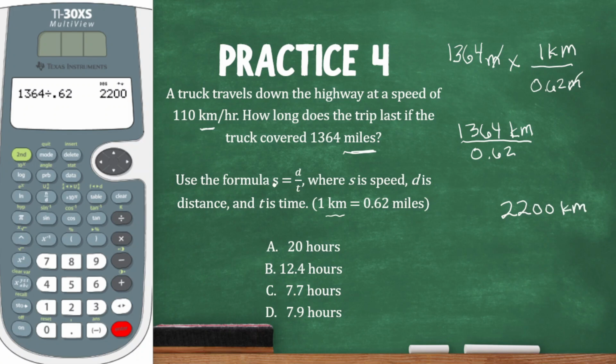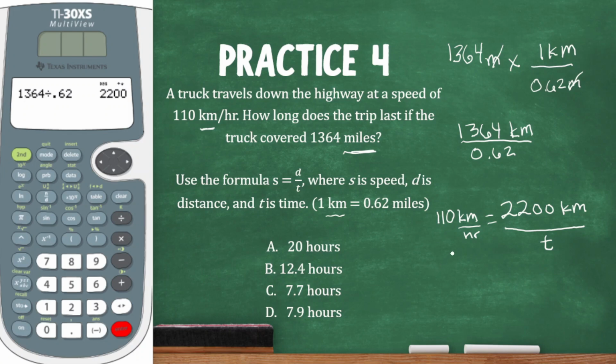And let's fill out the rest of the formula. So I've got speed equals distance over time. Well, this is my distance. And I've got my speed, 110. And I'm looking for the time.